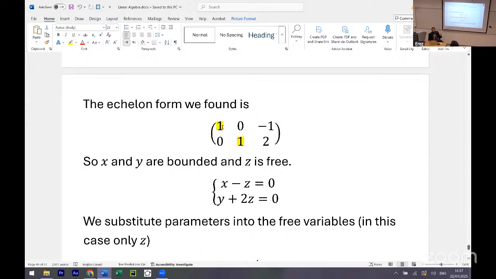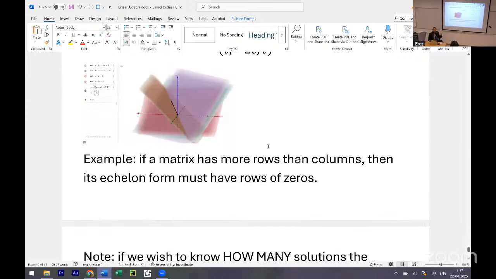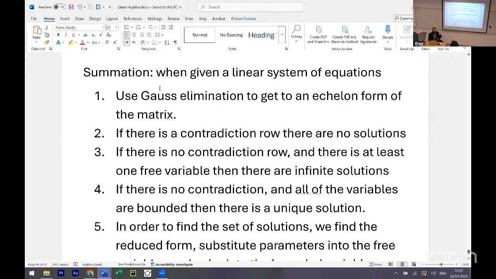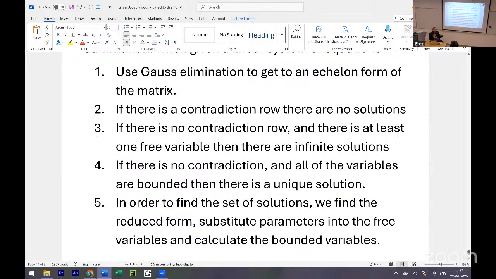So you go to the reduced form, you mark the pivots, and then you say if there is a pivot in my column, I'm a bounded variable. If there is no pivot in my column, I'm a free variable. That's why I say most of the action is step one. The rest is simply understanding what the echelon form teaches me. Any other questions? Let's do an example.